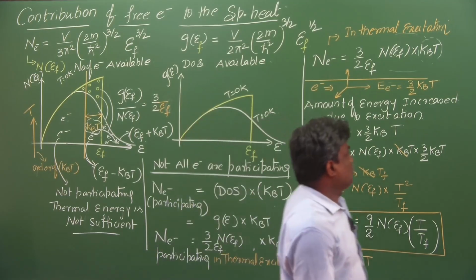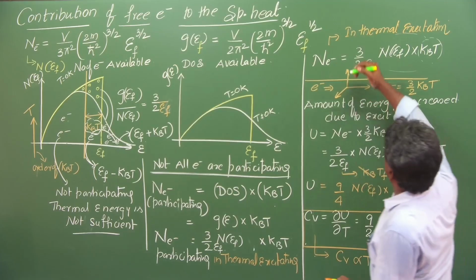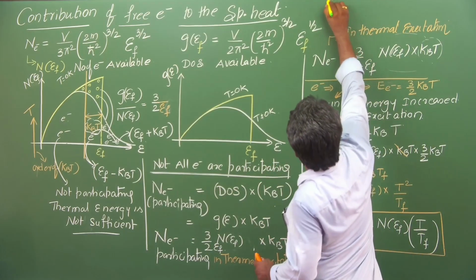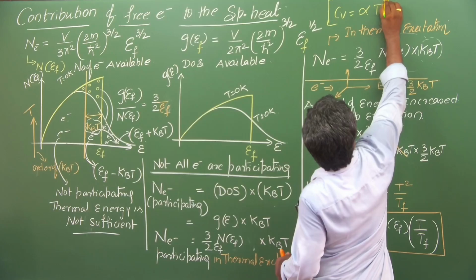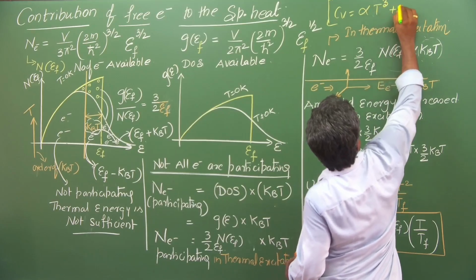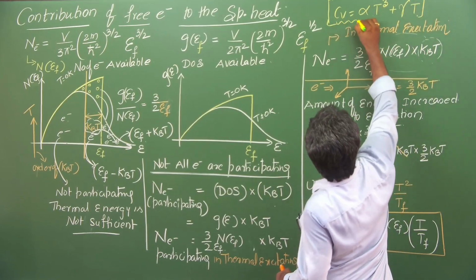That's why finally we will write CV equal to alpha T cube plus gamma T. That is the contribution of both. This is the lattice vibration contribution, and this is the free electron contribution.